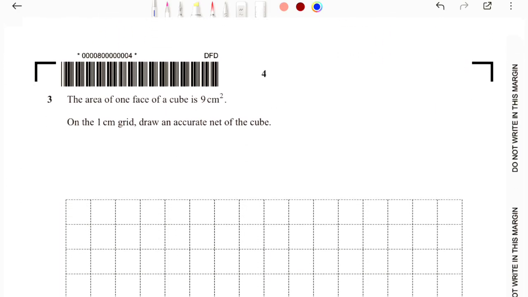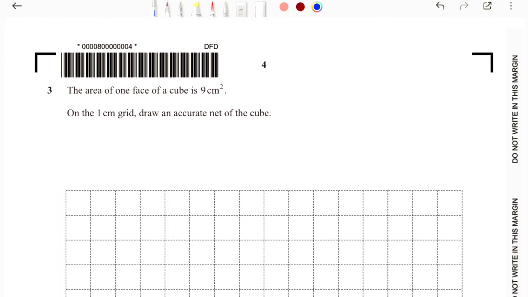Question number 3. The area of one face of a cube is 9 centimeters square. On the 1 centimeter grid, draw an accurate net of the cube. Now first of all, we have to draw a cube here.